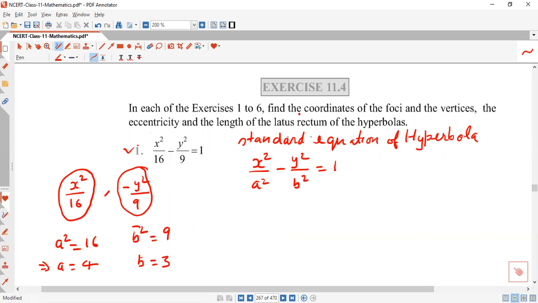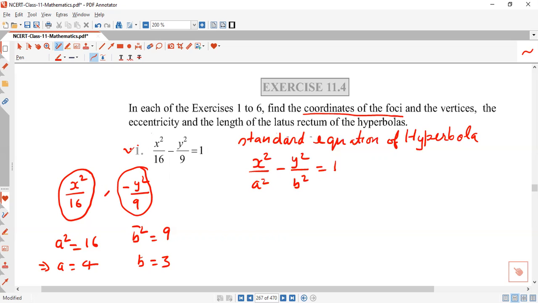Now we have to find the coordinates of the foci of this hyperbola. See, we have two foci, and both foci will lie on the x-axis because a is positive.